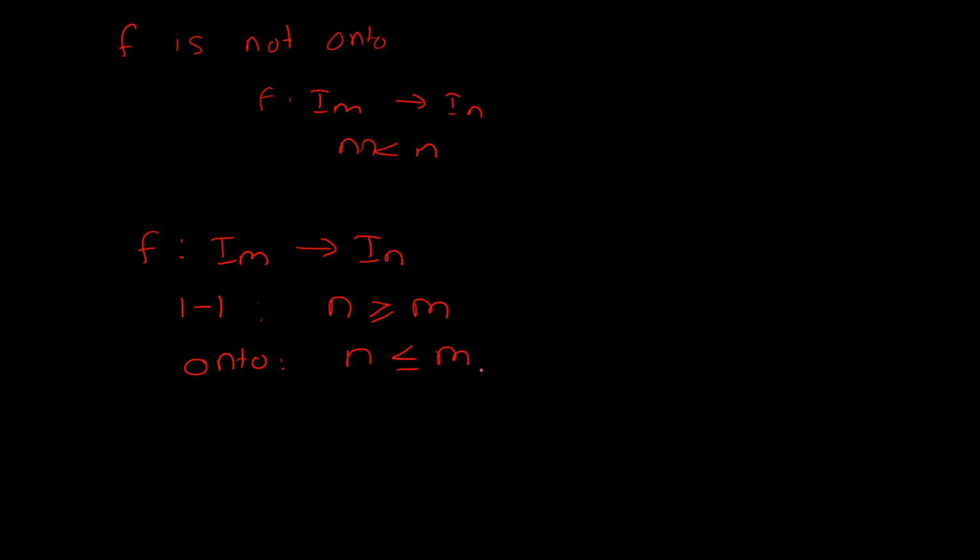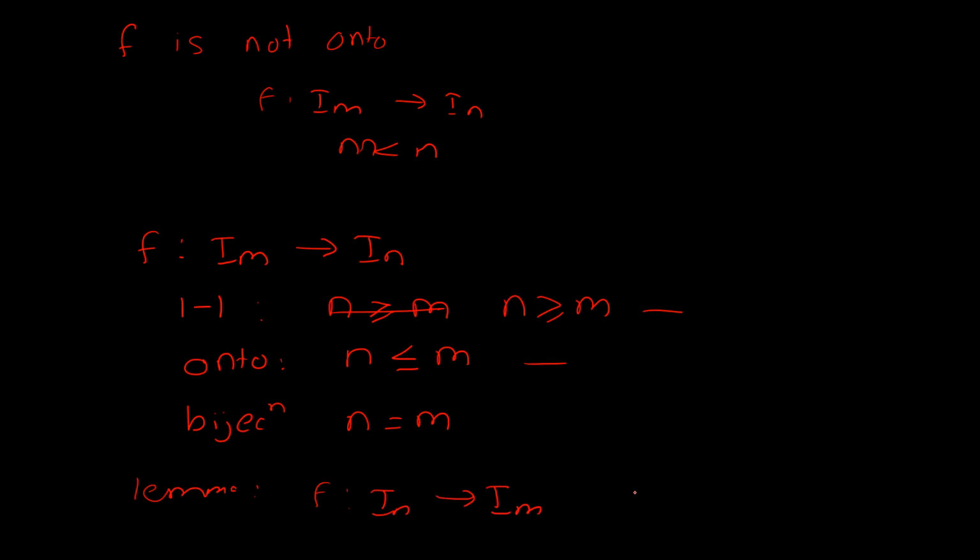So for bijection, I should satisfy both the cases. That means for bijection, n should be equal to m. So I can have another lemma: if f is a bijection from I_n to I_m, then m is equal to n. So if this proof is being asked, then both of the first two proofs should be done.